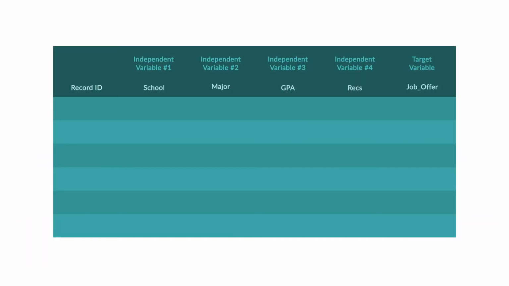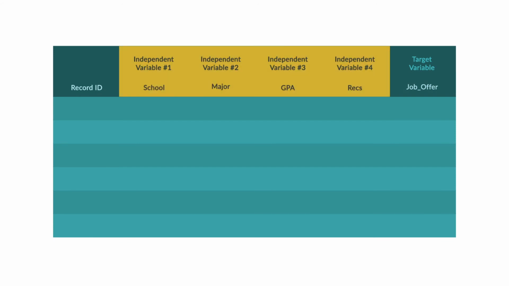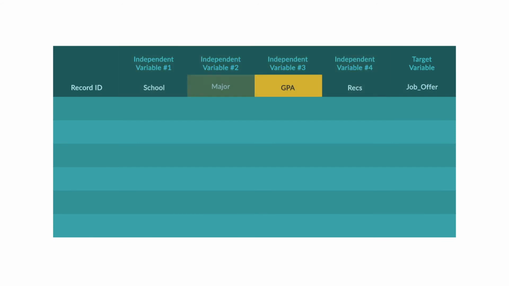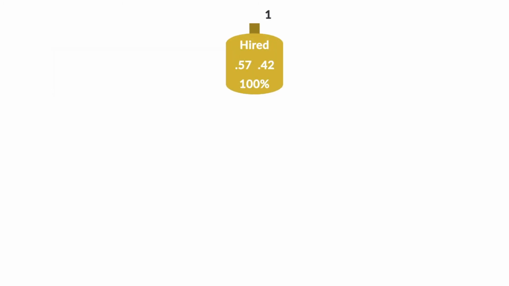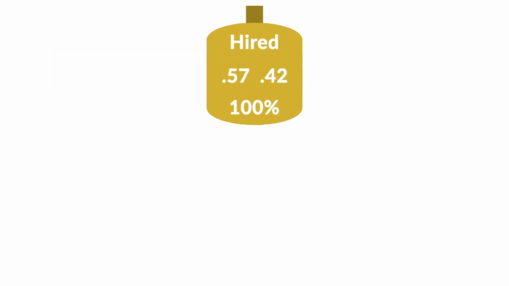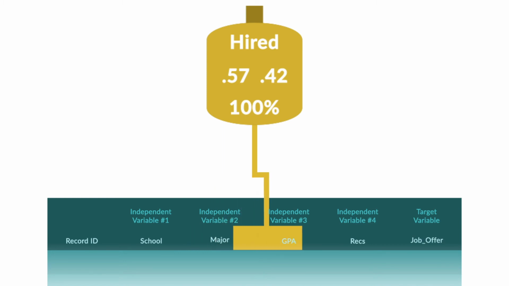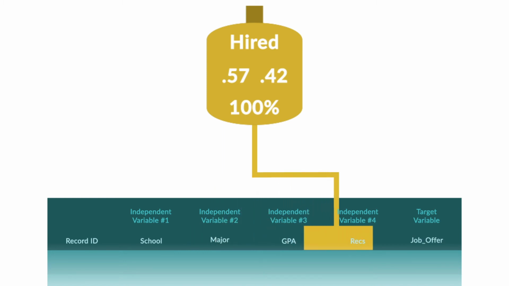To recap, we start with the target variable, what we want to predict. In this case, was the student hired? We also need to start with many independent variables, what we already know, in this case, GPA, major, and some other information. We start our tree with bucket 1, which contains everybody. The algorithm runs all the independent variables past it, asking which one gives the best differentiation between those who were hired and those who were not hired.